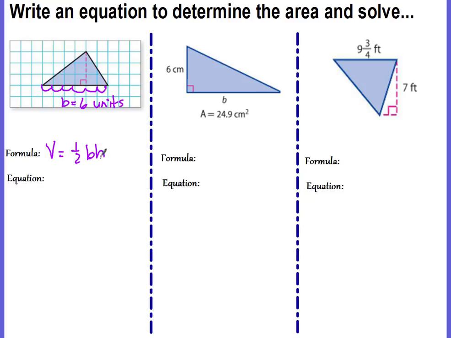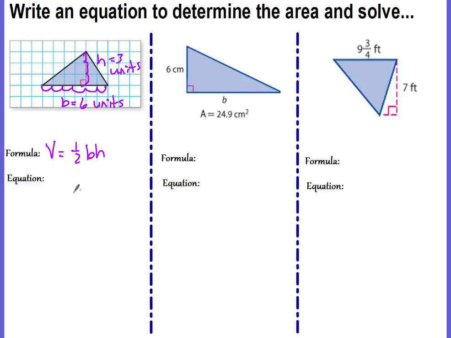And now we need to find the height. Is the left side or the right side perpendicular to the base? No, they're not. So we have to look for the line that is, and we can see that it has been drawn for us on the inside of the triangle. So let's go ahead and count. 1, 2, 3. So the height is going to be 3 units.